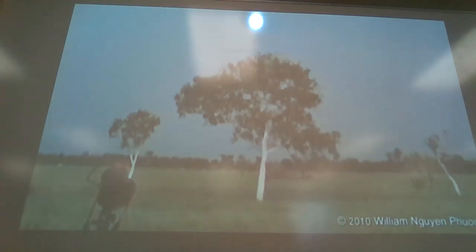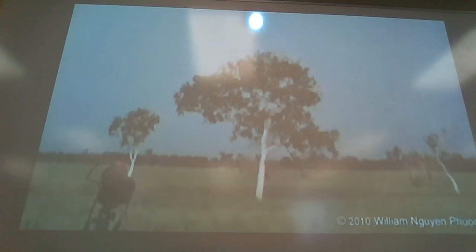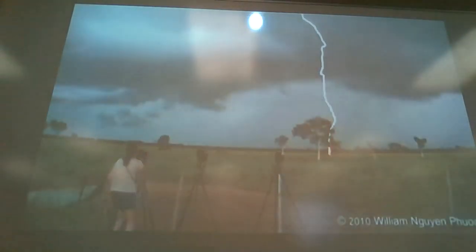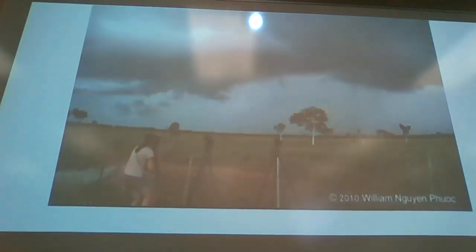Okay. I want you to notice how the light looks like it goes from the ground up. Watch. See how it looks like it's going from the ground up, but in reality, electrons are going from the cloud down.